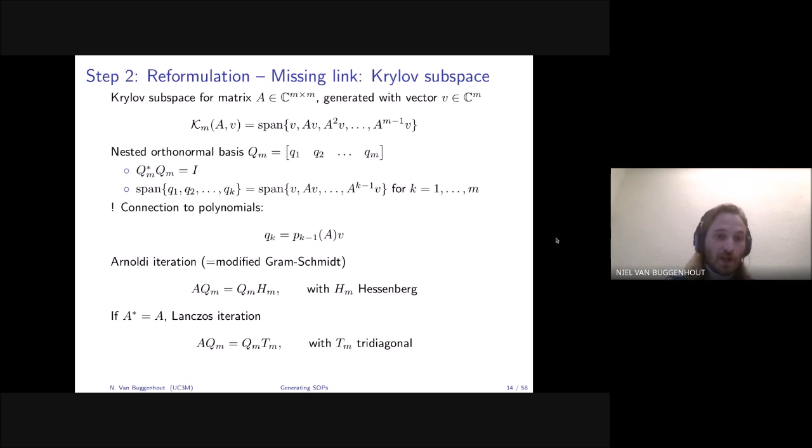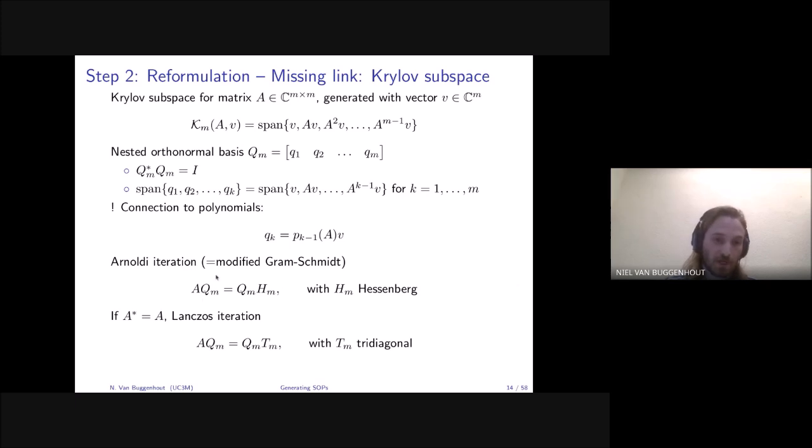The two algorithms to compute such a nested orthonormal basis are, first, the Arnoldi iteration, which can be considered to be a modified Gram-Schmidt orthogonalization procedure. It is done in a somewhat smart way, but you can just think of a Gram-Schmidt procedure applied to these vectors that span the Krylov subspace.